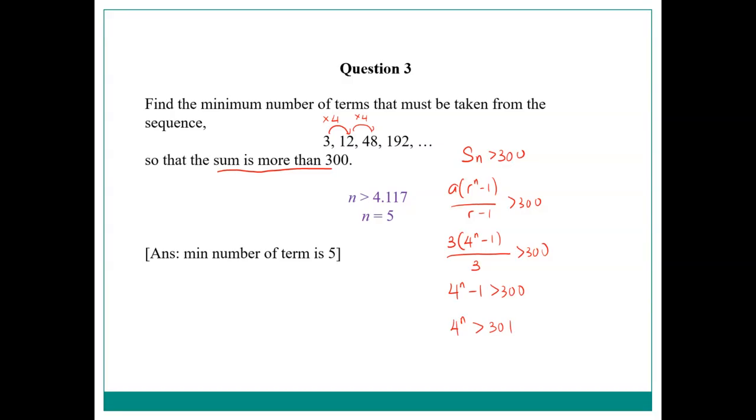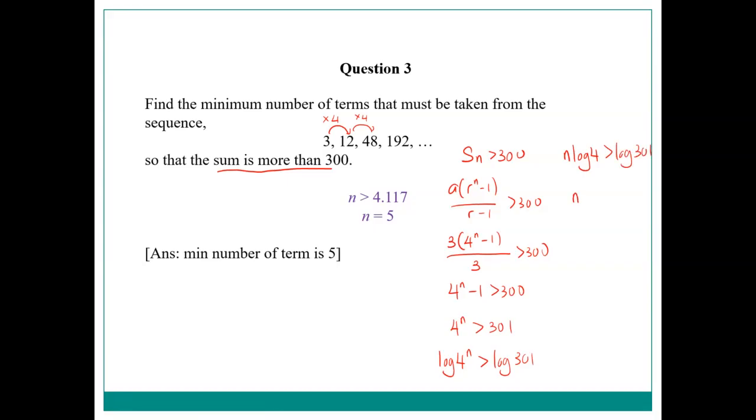In this case, I have no choice. Again, I have to use log because the unknown is the power. So I log the left hand side and also the right hand side, log 301. Then I can bring n down, bring n to the front, n log 4 greater than log 301.